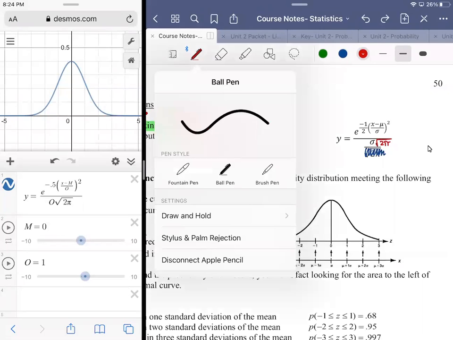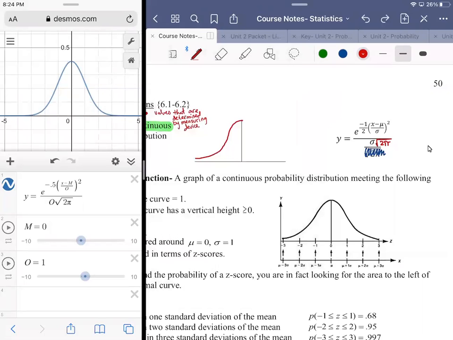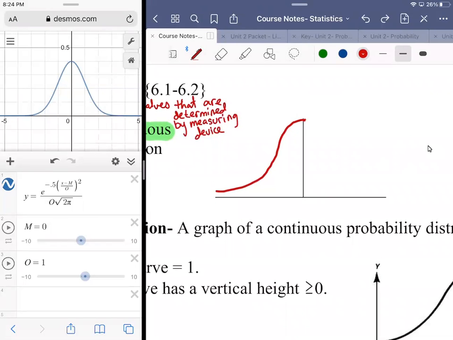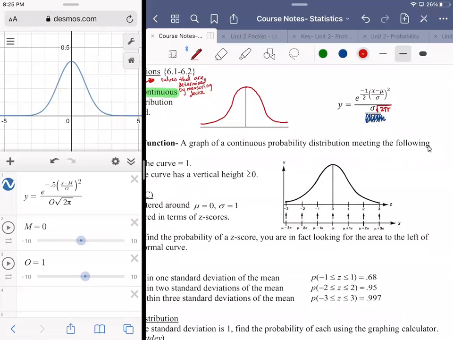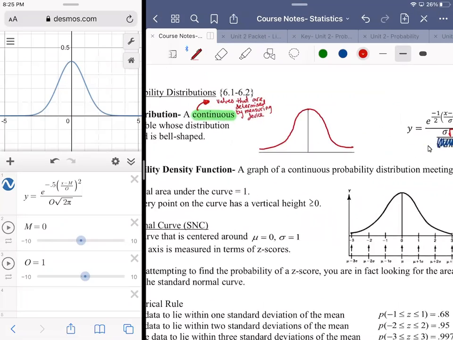Whoever created this formula for a normal distribution is beyond intelligent, because I'm using graphing technology to help me understand something that somebody else created before graphing technology existed. And it's like, whoa, how did they even come up with that? It's fascinating, but it's also humbling.